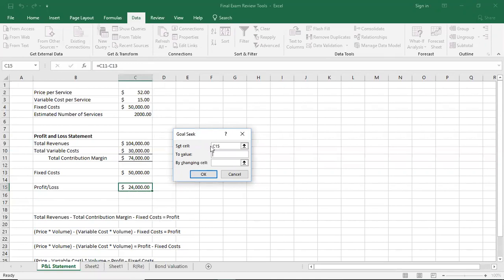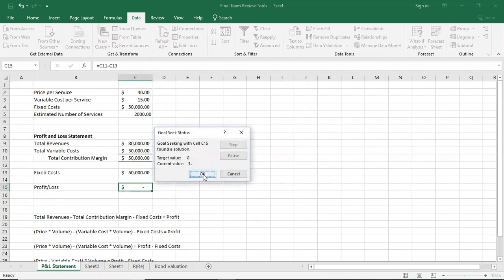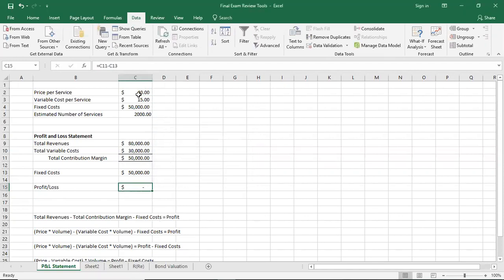What am I doing? We want to set this one to 0, but instead of changing our volume cell, we're going to change our price per service cell right here. Then that will tell us if we charge $40 per service and we give 2,000 services, we will break even. Okay.